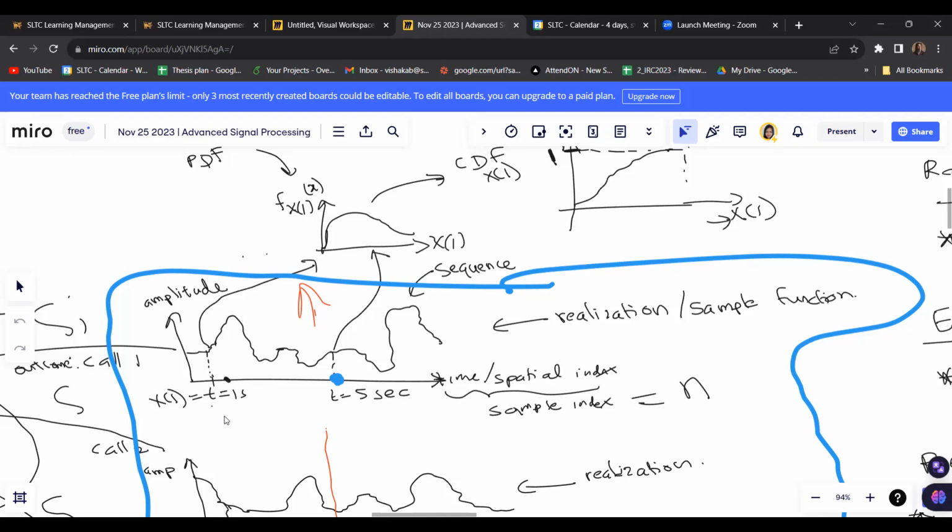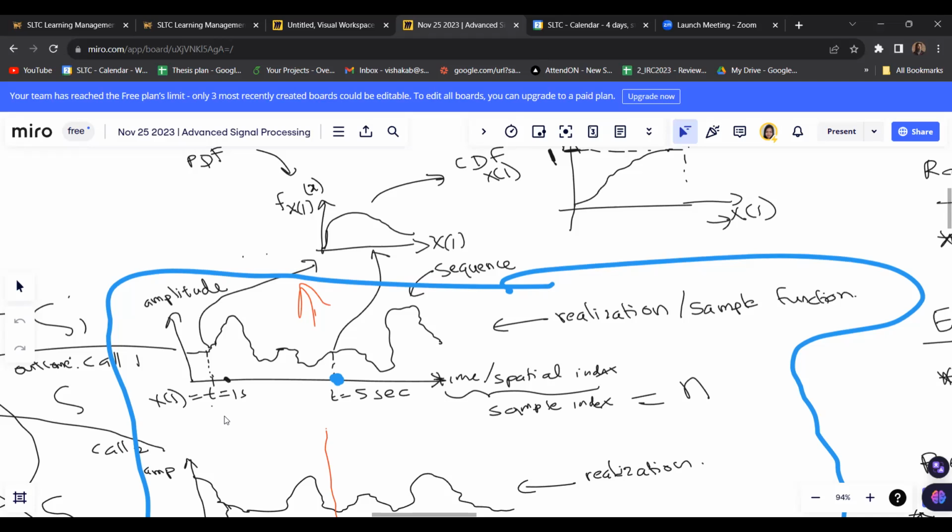So for a specific time instance, we consider that specific time instance as one random variable of this random process, right? For each time instance, we can consider that that time instance is a random variable.